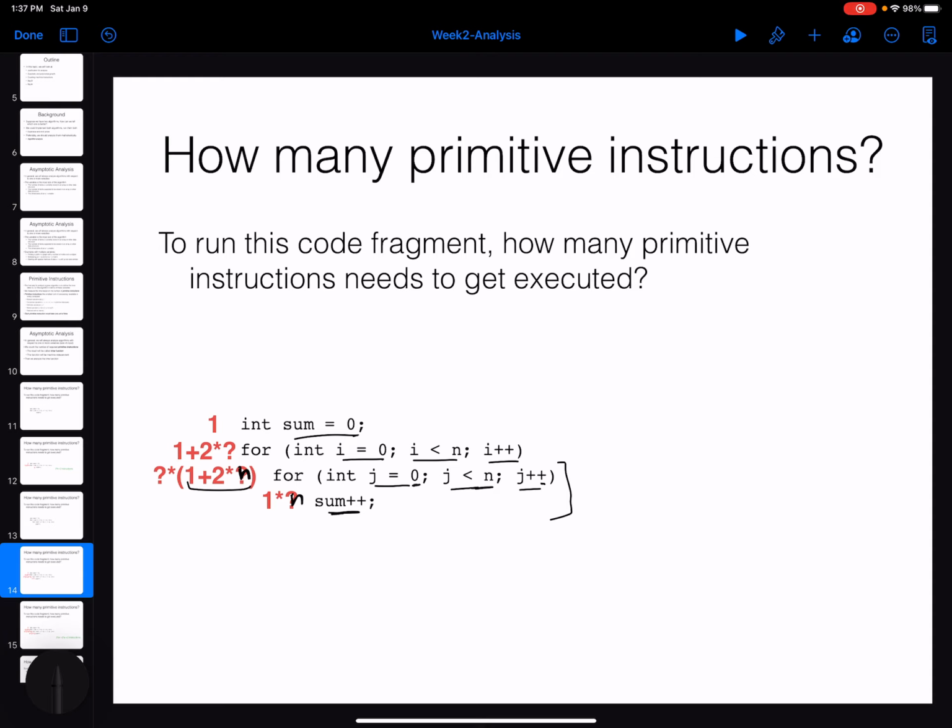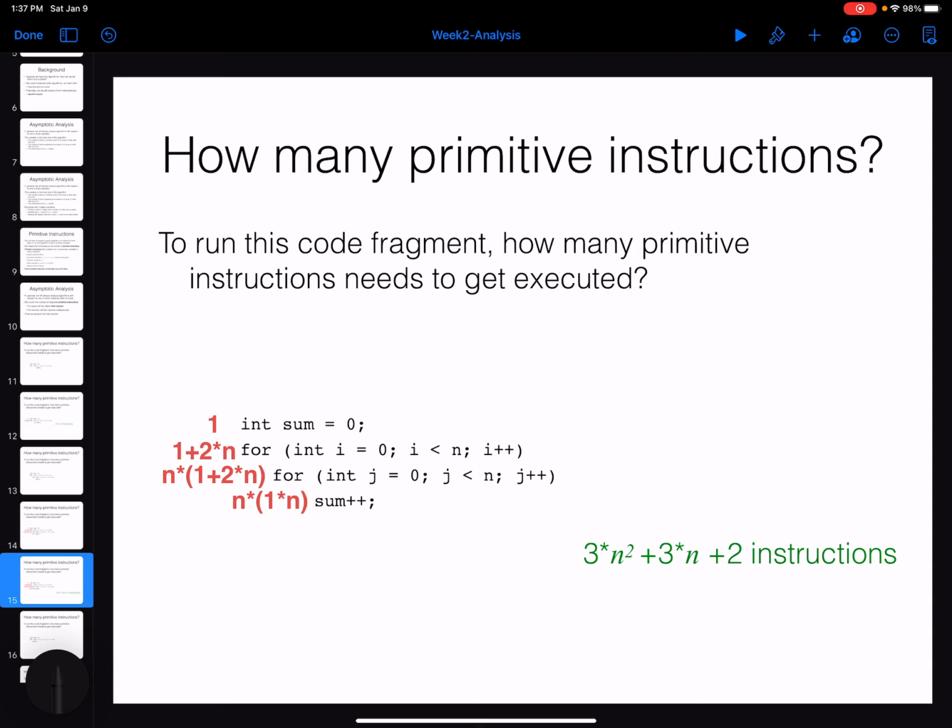So this is going to be the total. I should probably write this one as well, right? So I know that the total for this part is going to be 1 plus 2n plus n. This is for the body of the loop, and the whole thing needs to be multiplied by n because this is inside another loop.